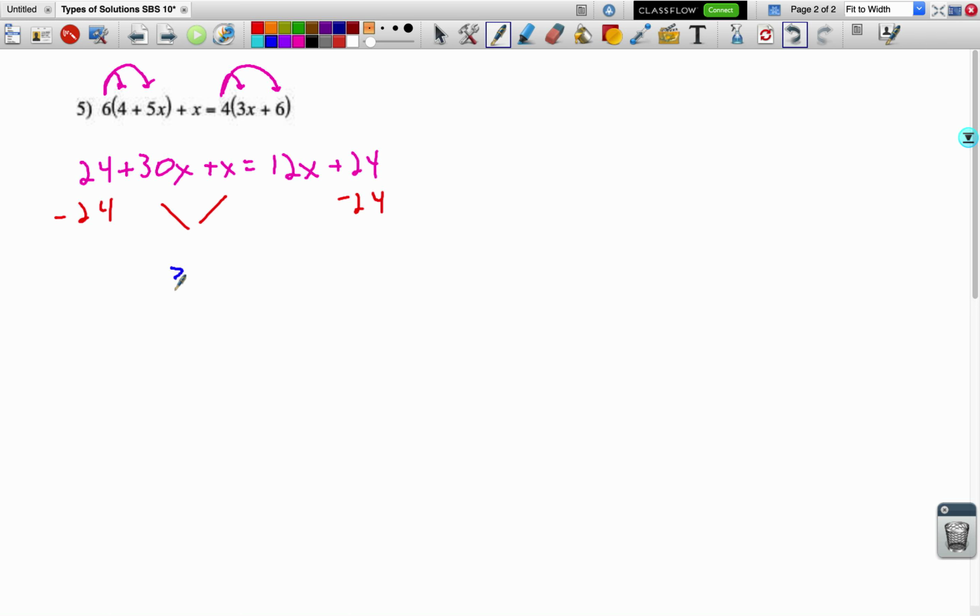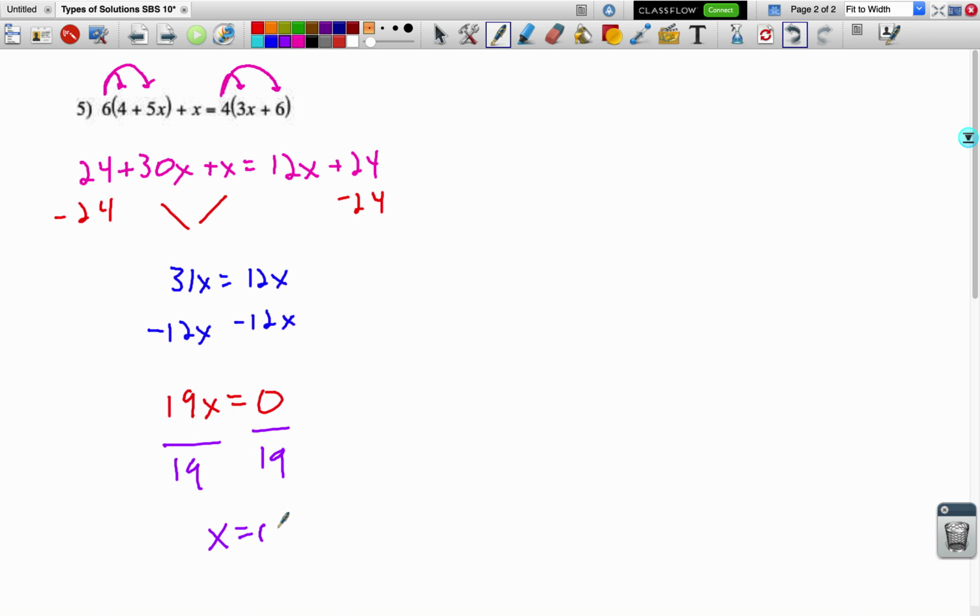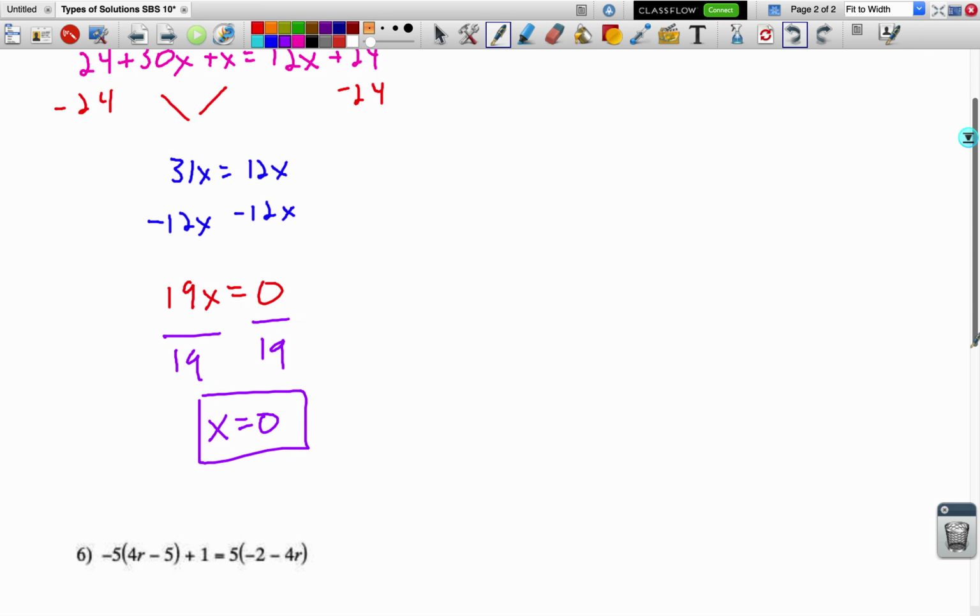And I get 31x equals 12x. So I should subtract 12x from both sides. To bring those together, this is now a 19x equals 0. Divide both sides by 19. This is an x equals 0. We can plug it back in to double check. So that would be 24 equals 24. Yep, it checks out.